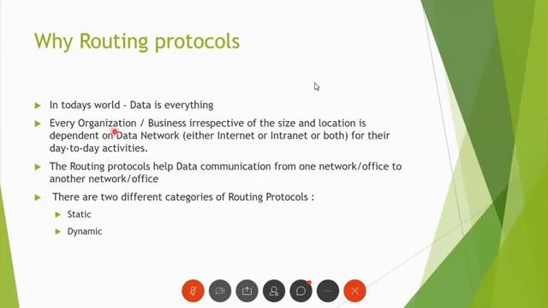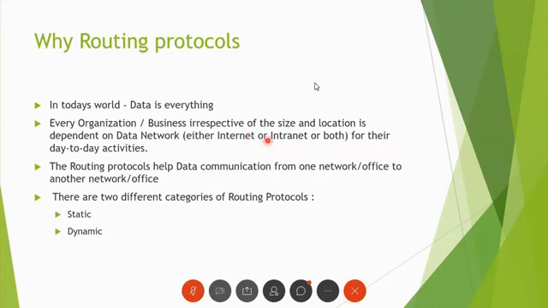So every organization, irrespective of the size and location, is dependent on a data network, either internet or intranet or both. Some companies want only internet, some companies want only intranet, some companies want both. Most of you may already be aware of the difference between internet and intranet. Internet is a public network where we access browsing and chatting and WhatsApp and all this.